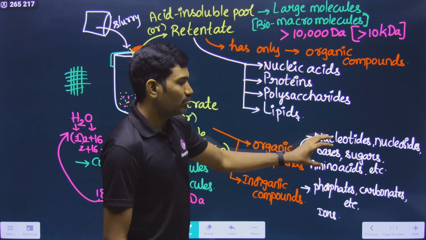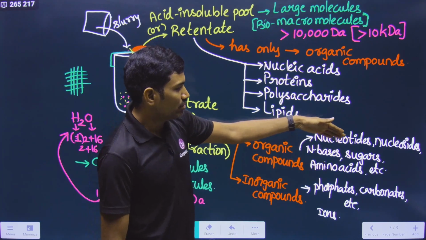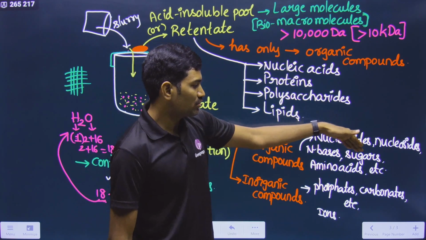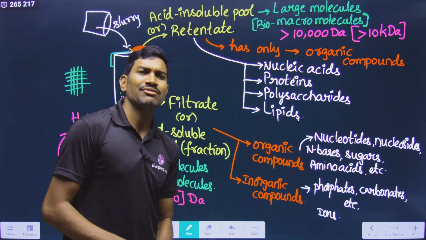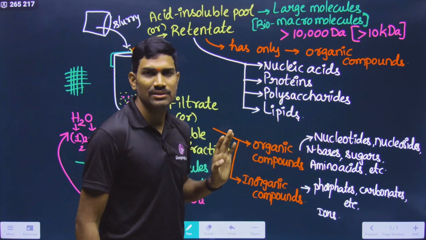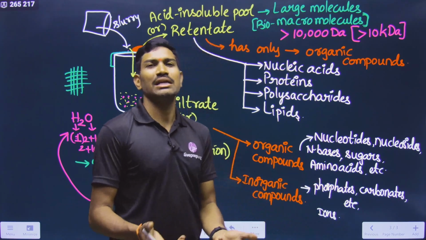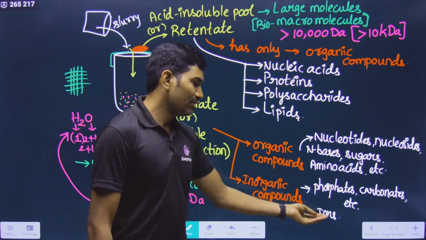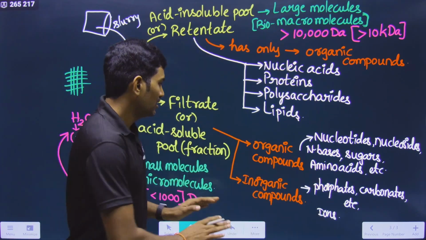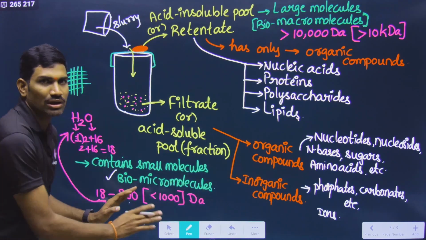In the organic compounds, some small molecules like nucleotides, nucleosides, nitrogenous bases, sugars, amino acids. Not only this, various other types of compounds are present. In the inorganic compounds, different types of phosphates, carbonates are present. Not only this, even some ions are also present in this acid soluble pool.